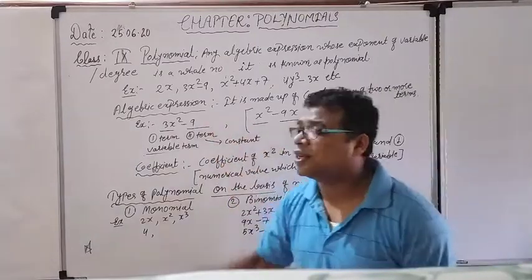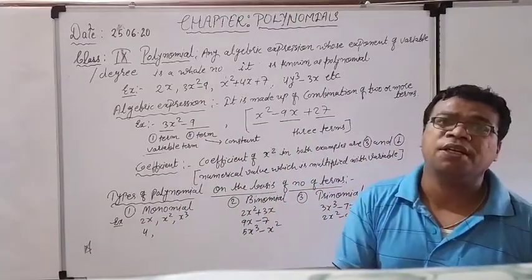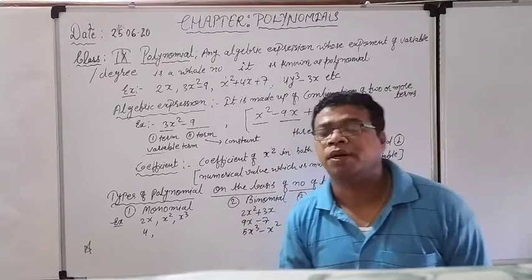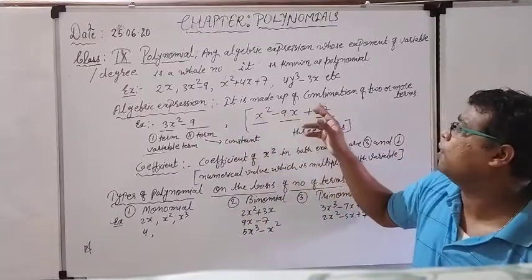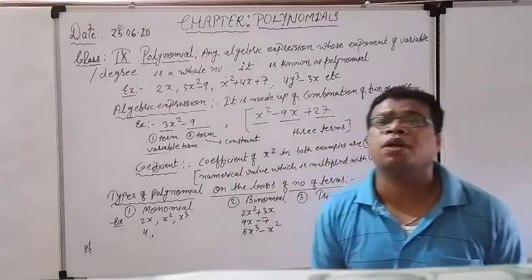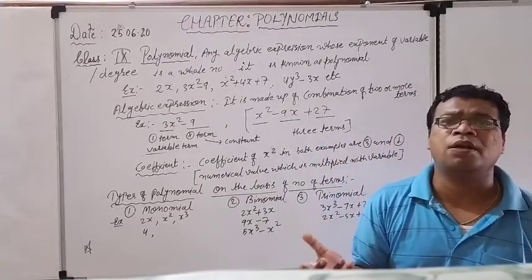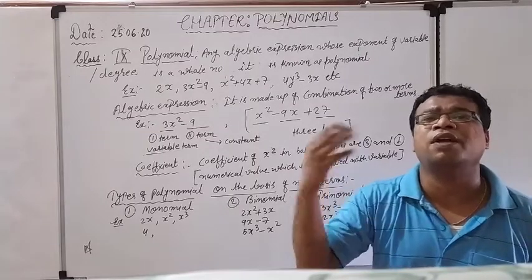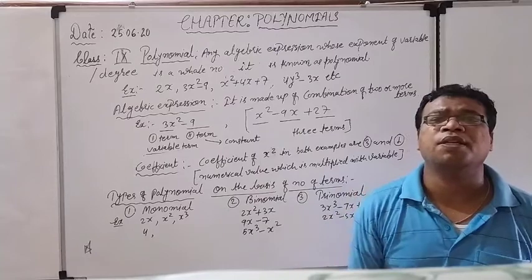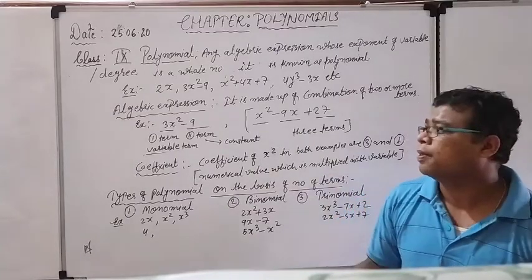Now see the next thing: algebraic expressions, which we have studied in our earlier classes also. What are algebraic expressions? Any algebraic expression is a combination of one term or more than one term.